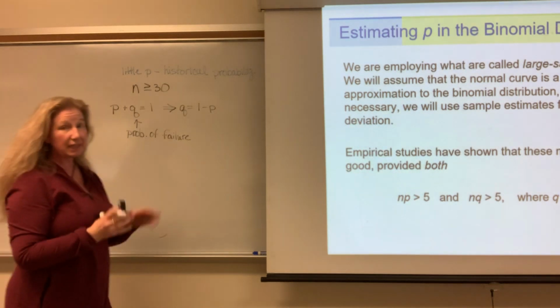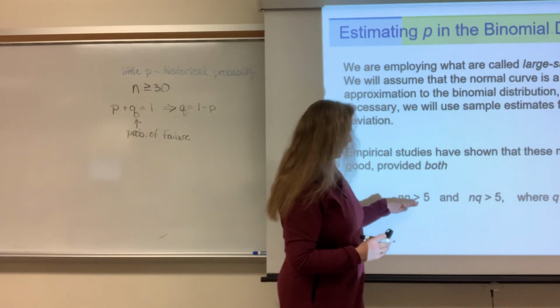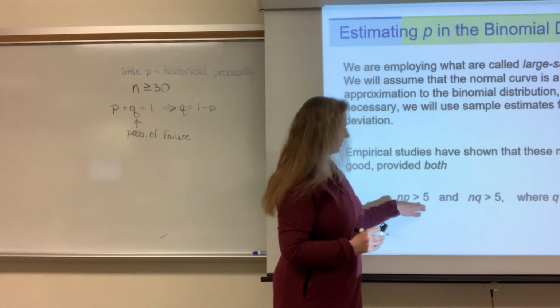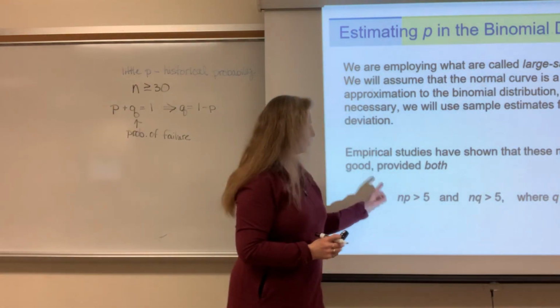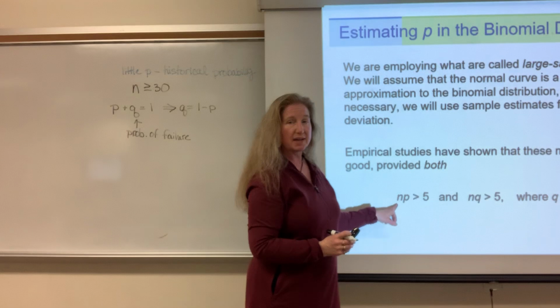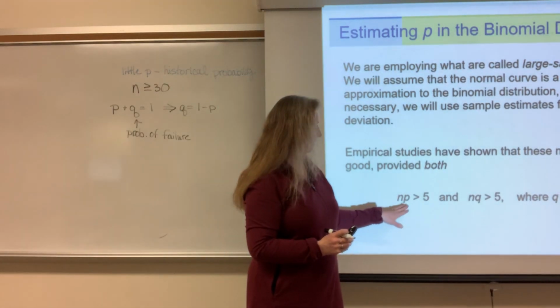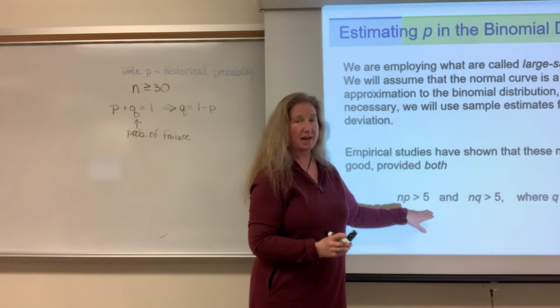I guarantee this is a test question. Ding, ding, ding, test question. n times p is greater than 5, and n times q is greater than 5. So what does this mean? I have to have a sample size and a probability that when they're multiplied together give me something bigger than 5.